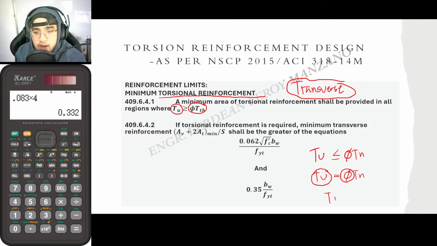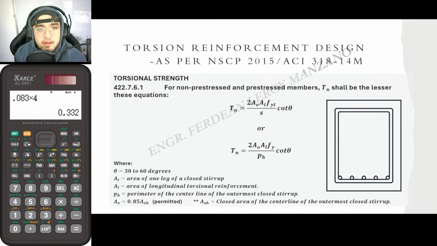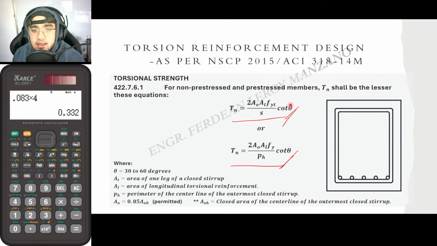You can now solve for Tn. Upon solving for Tn, we have these equations here. Tn must be less than this one or this one. So for the first equation at the top, Tn is equal to 2 times AO times AT times FYT divided by S times cotangent theta.